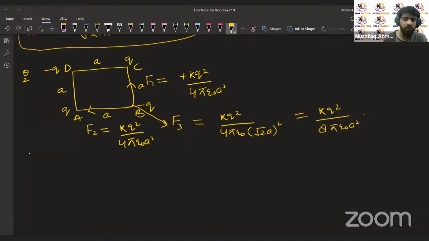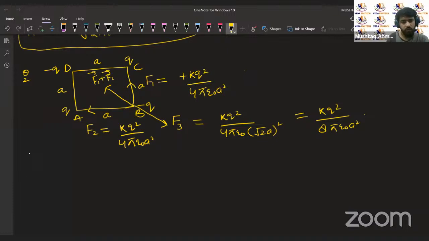The resultant of F1 and F2 will be along the diagonal of this square, like this. This is F1 plus F2 as vectors.